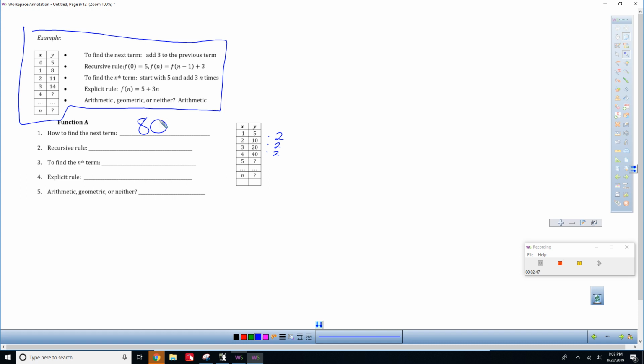Okay? What is the recursive rule? I'm going to do number 2 over here. Well, we need two things for recursive. We need to know one of the terms. So the first term is 5.